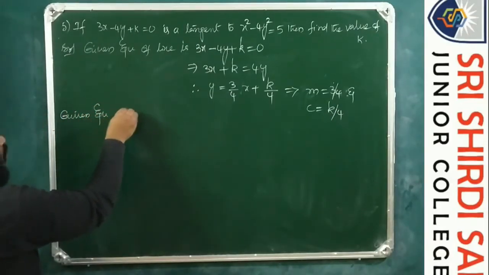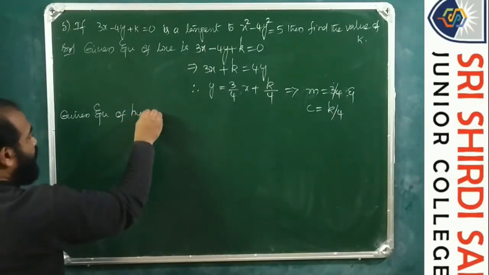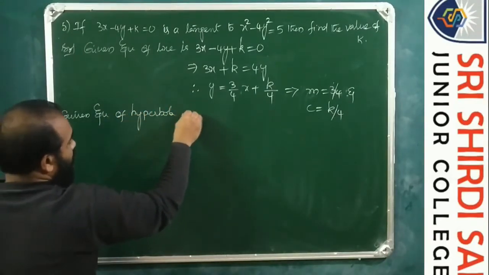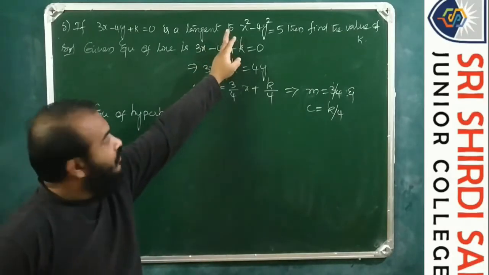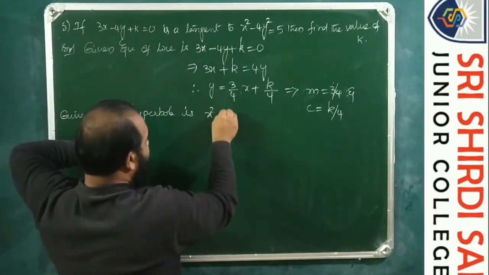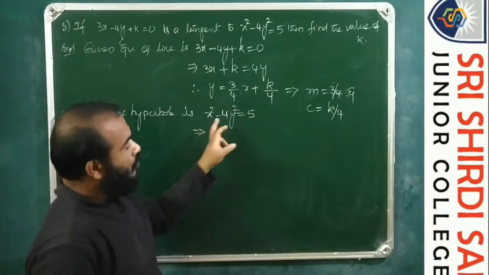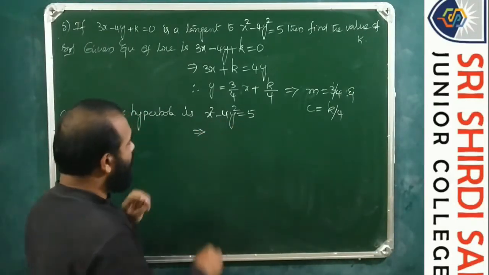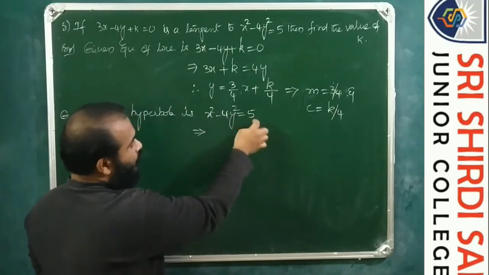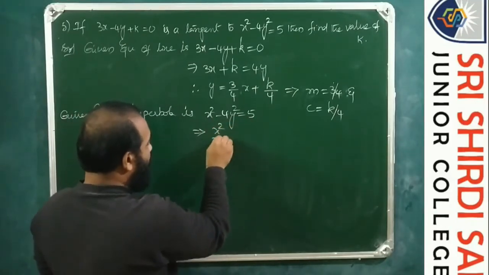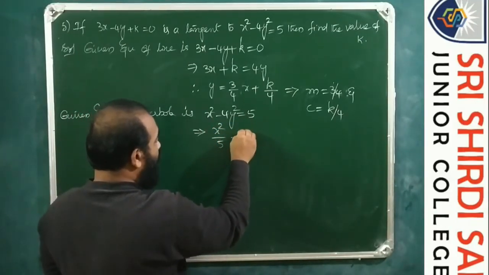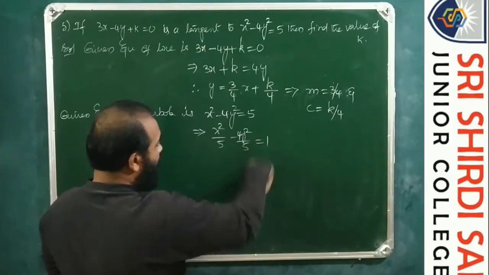So the given equation of hyperbola is this: x square minus 4y square equals 5. So if you try to write in a proper form, let us divide this with a 5. So x square by 5 minus 4y square by 5 equals 1.